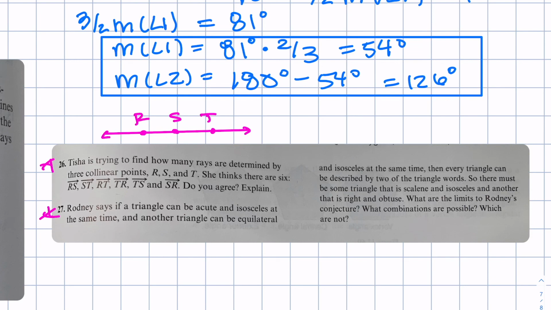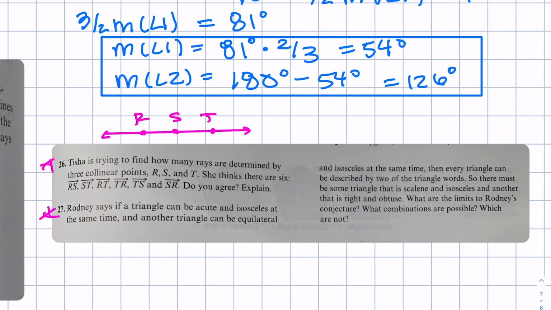So for instance, R to S, S to T, R to T, and so on. And she wants to know if she is correct, basically.